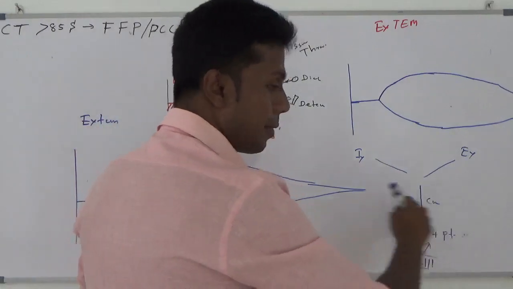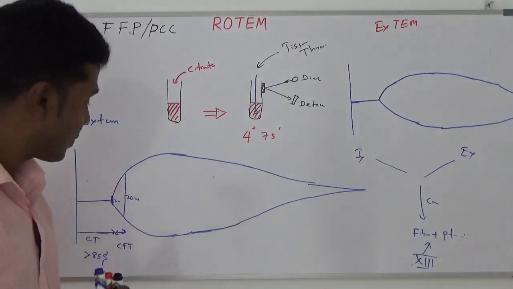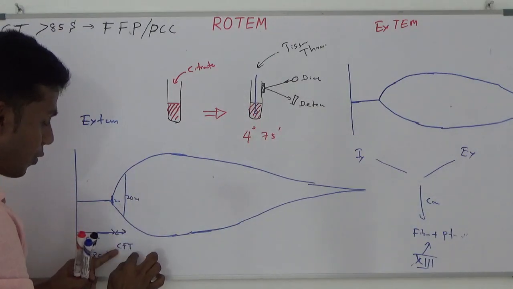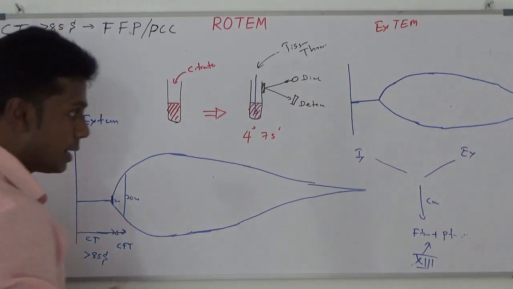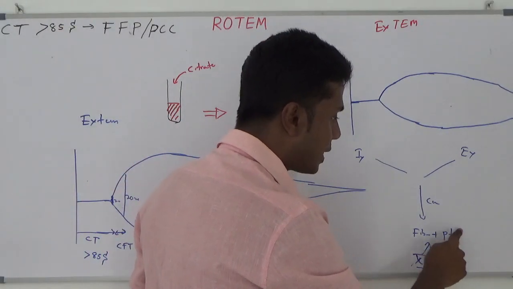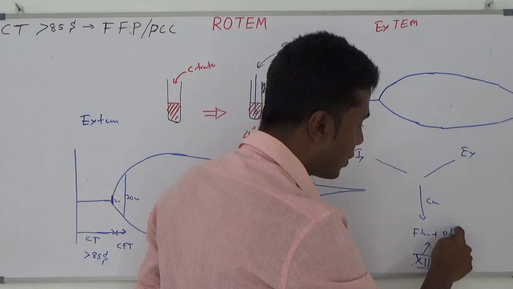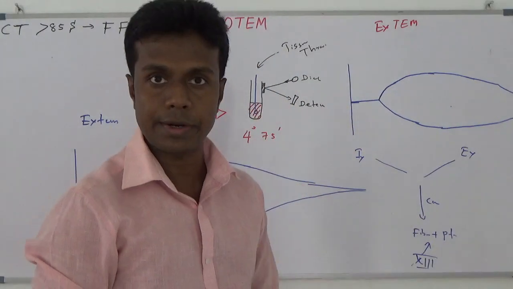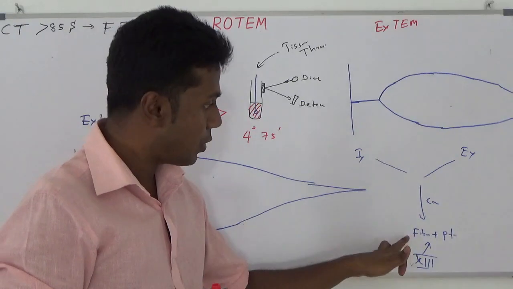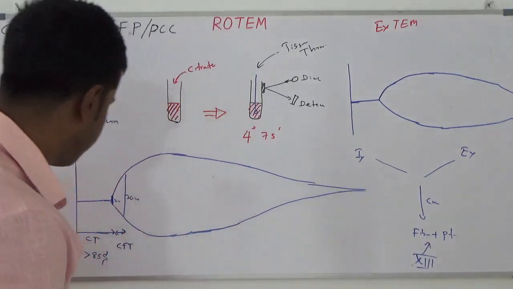With that, your clot will be stable. So from here to here is the clot forming time. That means for the clot forming time, you should have an adequate amount of fibrinogen and platelets. To produce the clot, you should have an adequate amount of fibrinogen and platelets.